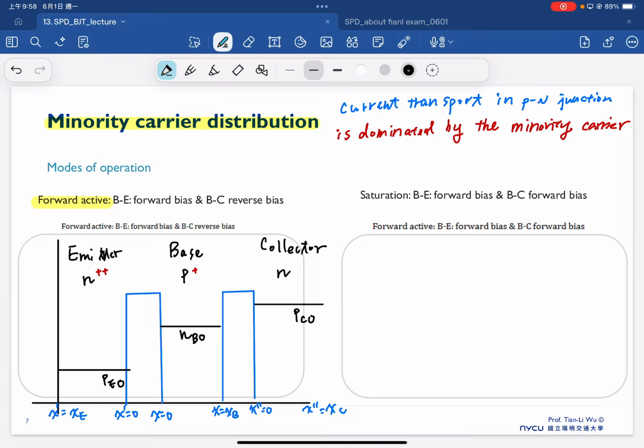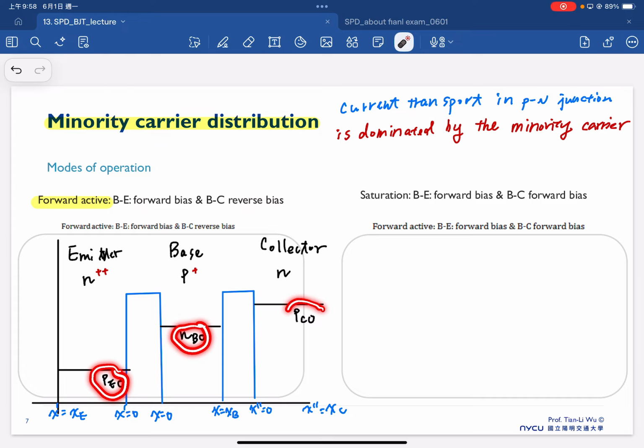The reason that we have these three different levels of minority carrier concentration is because we have a higher majority carrier concentration in here, right? If you still remember the very fundamental equation, N times P is equal to Ni squared.